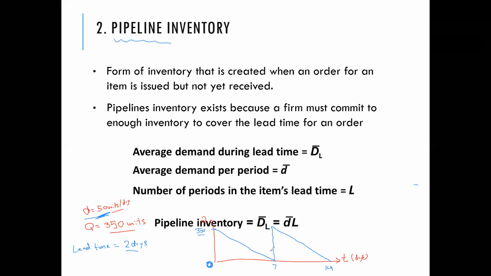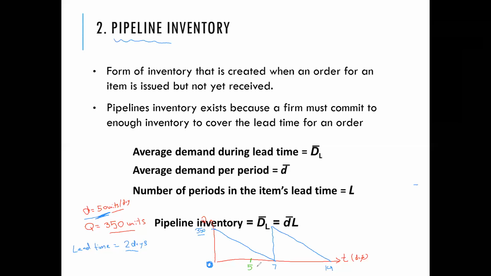If you don't want to end up with a stock out on day 7, in this example, when should you place your first order? Let me change the color first. I'm just going to use green now. And if your answer is that we should place our order on day 5, then that answer is correct.